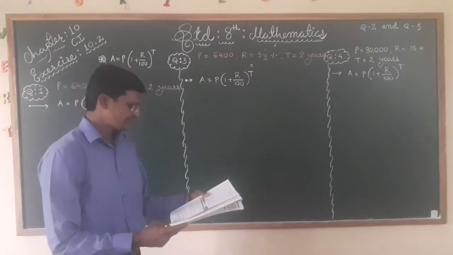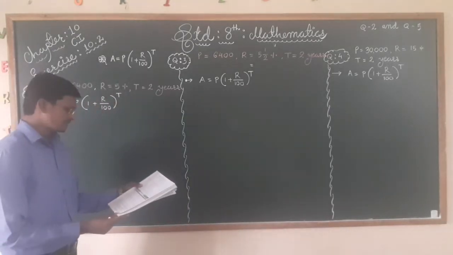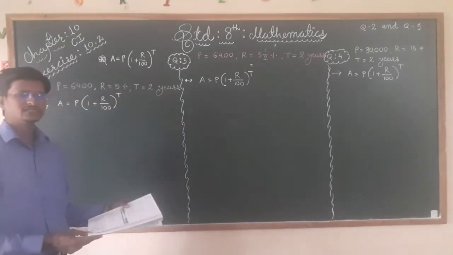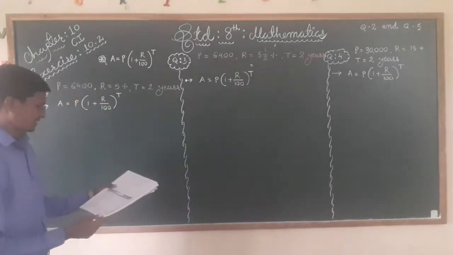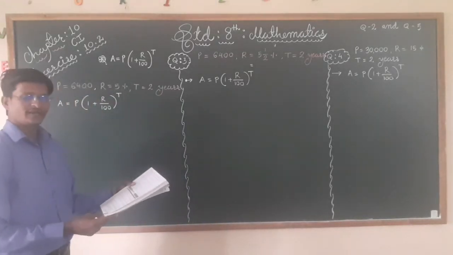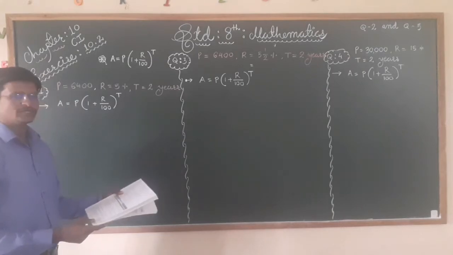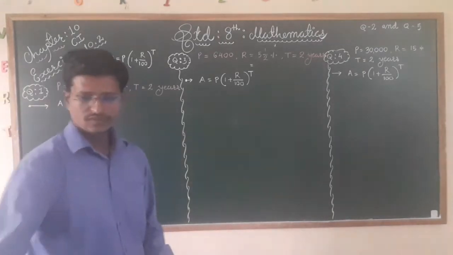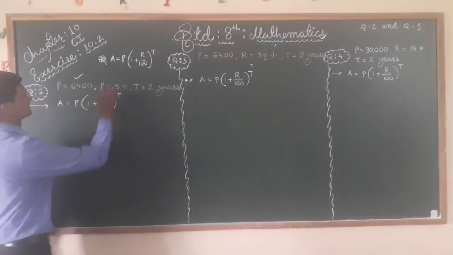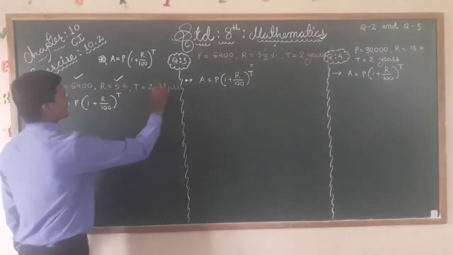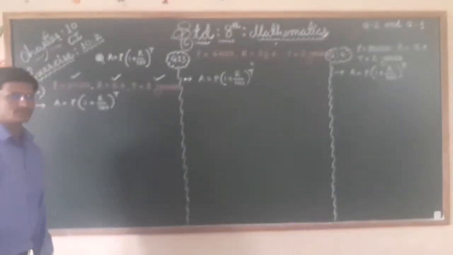Question number 1 is, find the compound interest when principal is rupees 6,400 at the rate of 5% per annum and time is 2 years. So here principal is given 6,400, rate is 5% and term is 2 years.